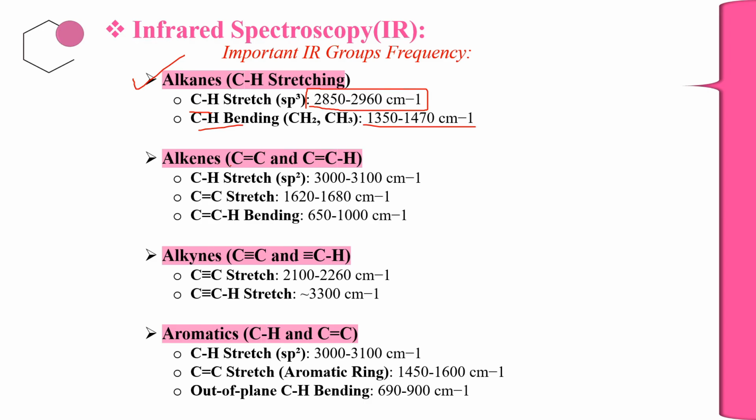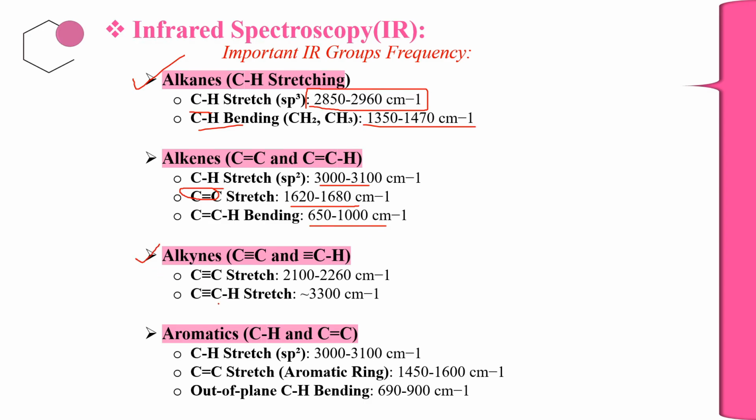Now in the alkene's case, the C=C double bond stretching comes in the 1620 to 1680 centimeter inverse region, and the CH stretch of sp2 comes at 3000 to 3100 centimeter inverse. Bending is not that important, but I would suggest you remember those values also.